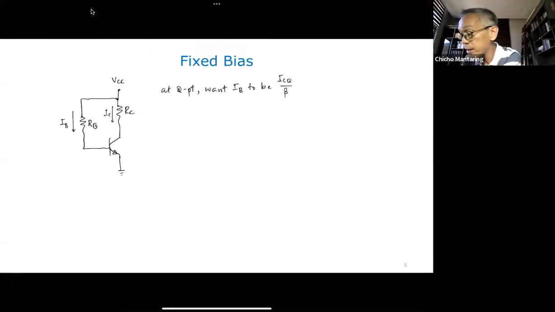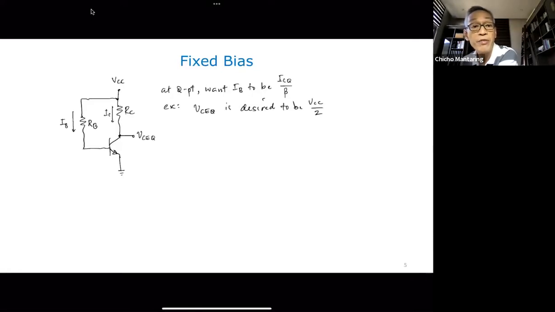So let's just say as an example, we want VCEQ desired to be, let's say, VCC over 2. Kunwari na lang, no?